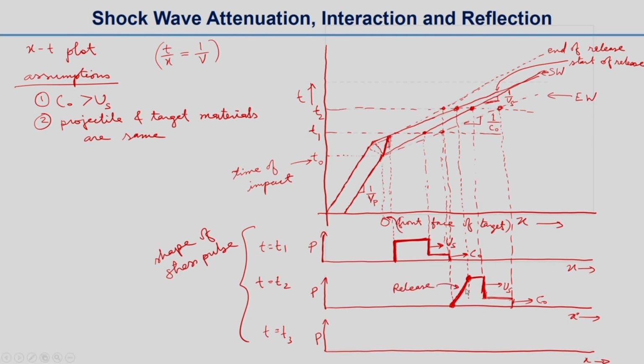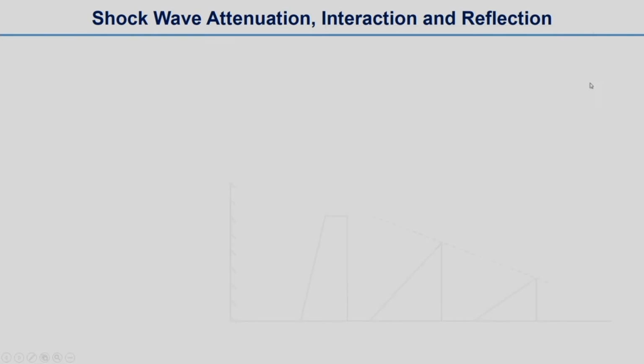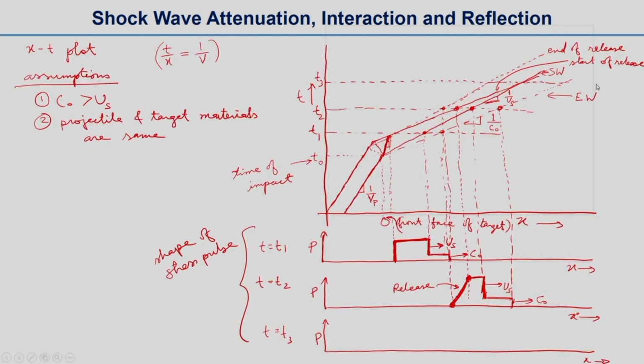And then again we will have one more time, t equal to time t3. Here again we will see that the elastic wave line is crossing at a very far distance. So, what we will do is we can draw from here, this is the elastic wave.